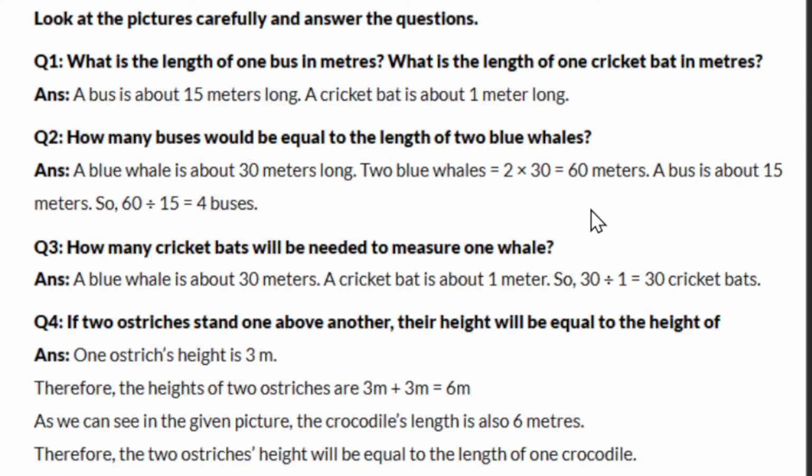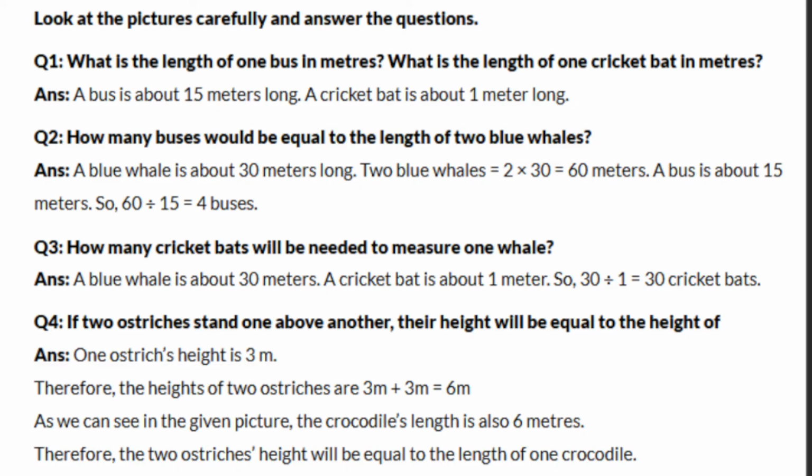Or else, the way I said initially is also an easy method. Next, how many cricket bats will be needed to measure one whale? A blue whale is about 30 meters. A cricket bat is about 1 meter. So 30 divided by 1 is 30 cricket bats.